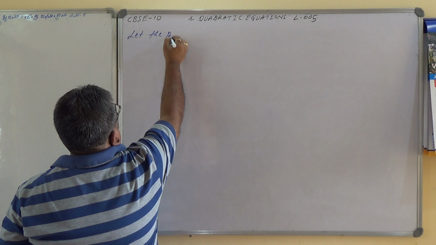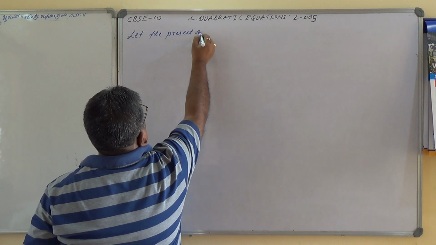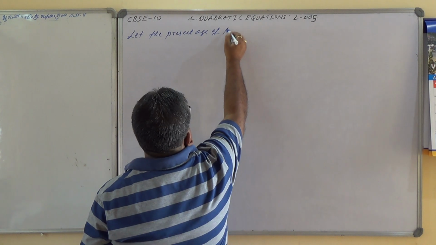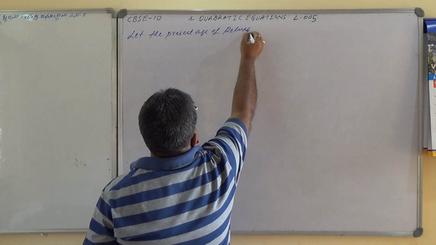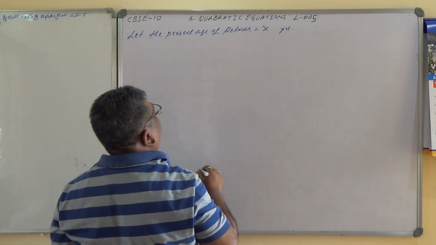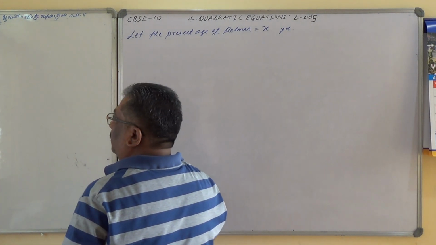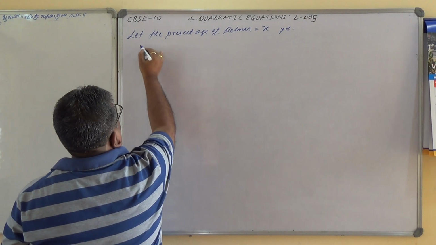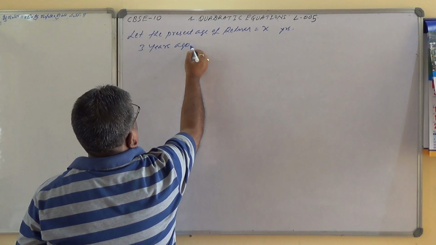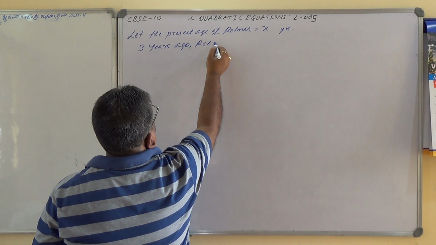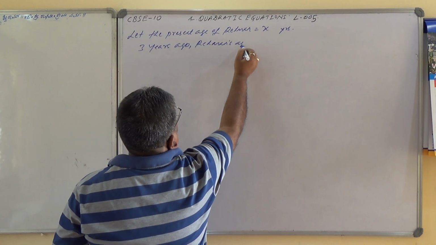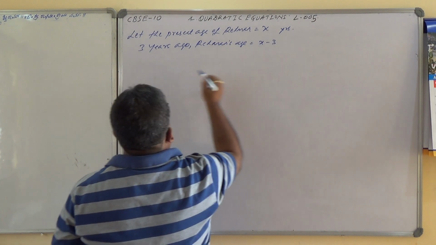Let the present age of Rahman equal x years. Three years ago, Rahman's age was x minus 3.